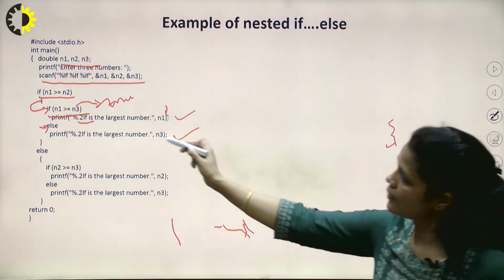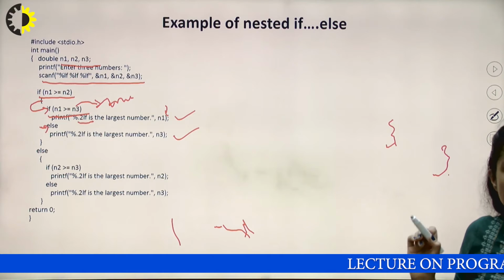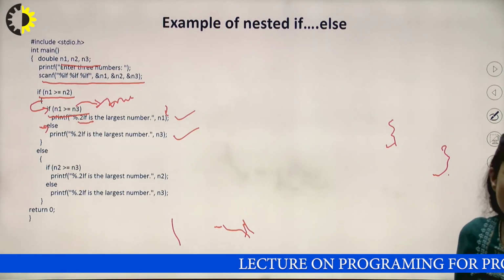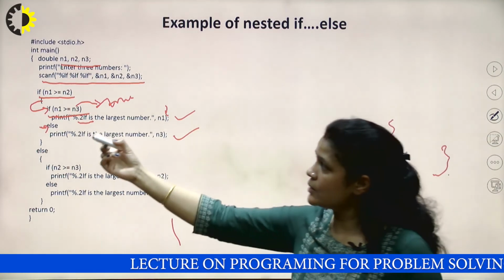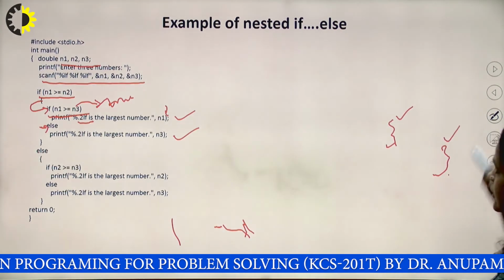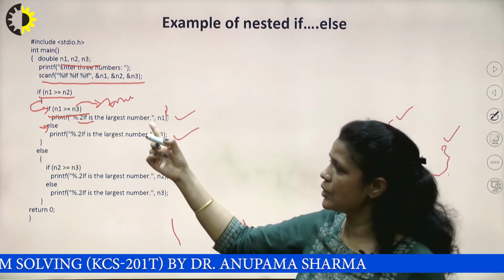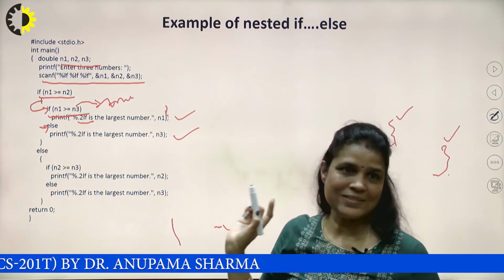But if we have multiple statements, multiple lines of code associated with else or if, then we must write curly braces. Here we have only one statement, so we are not writing any curly braces.